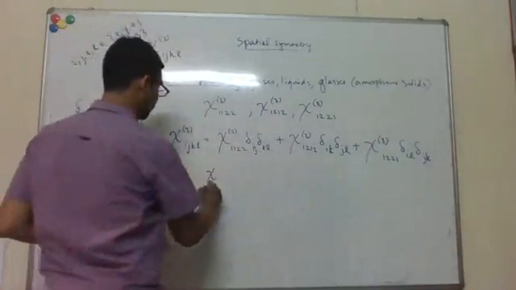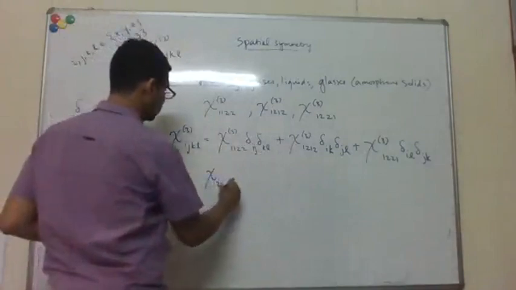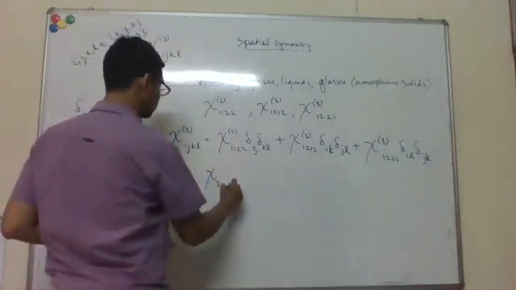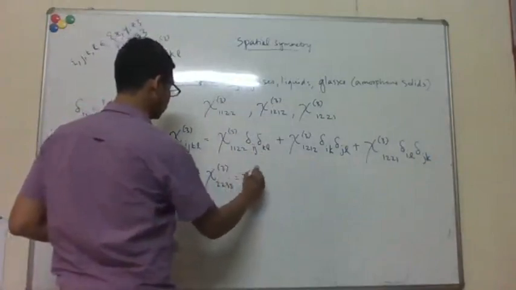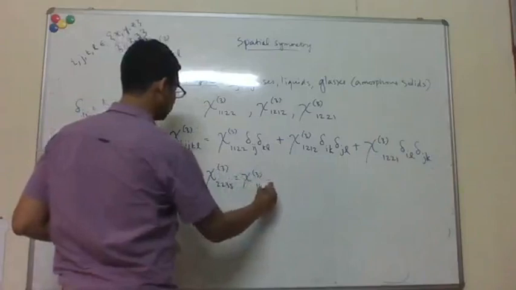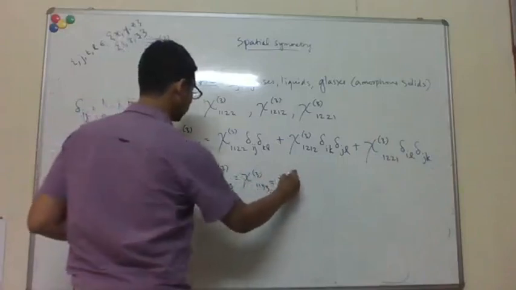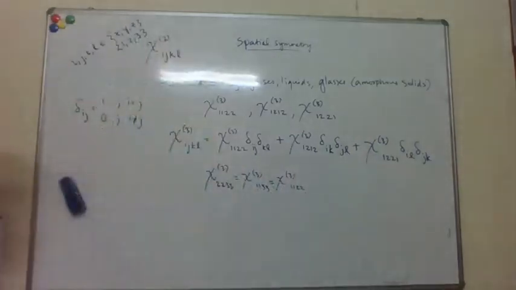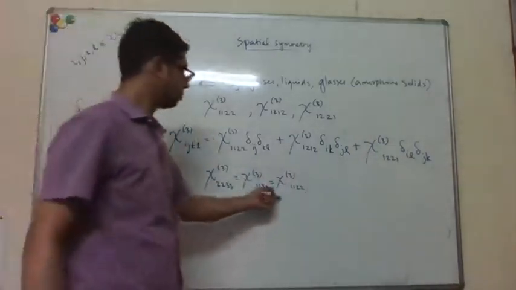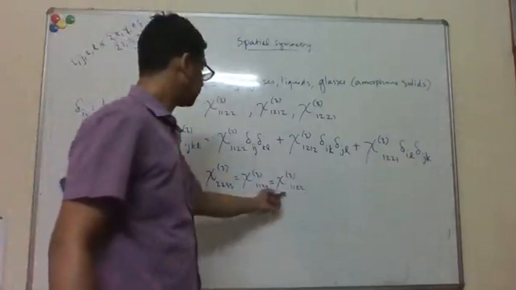So from here, it means that chi 2, 2, 3, 3, or for example chi 1, 1, 3, 3, are all equal to chi 1, 1, 2, 2. It should make sense.